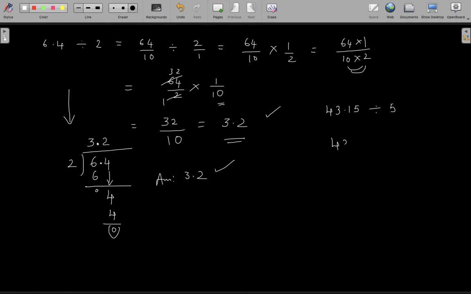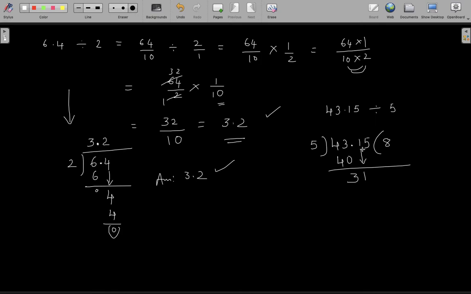So if I am doing it with the division method directly, 43.15 when it is divided by 5, 5 times 8 gives you 40. So before the decimal point, that is the numbers to the left of the decimal point, you have completed this process of division. 43 minus 40 will give you 3. The next that you have to bring down is 1.